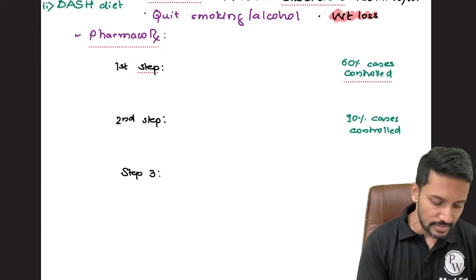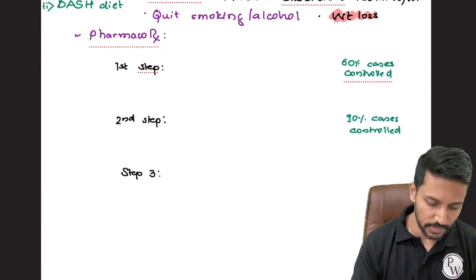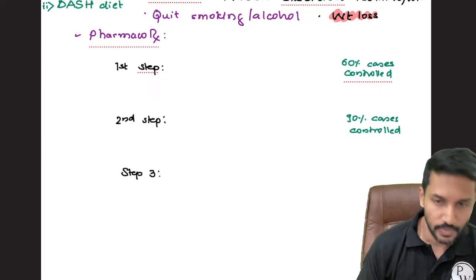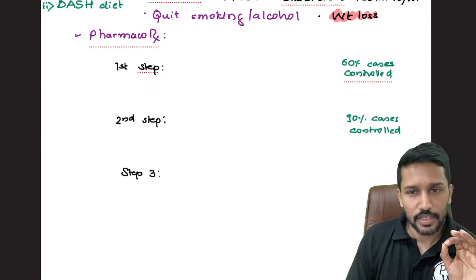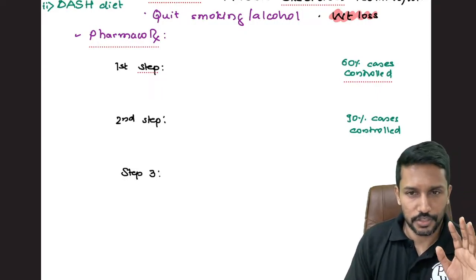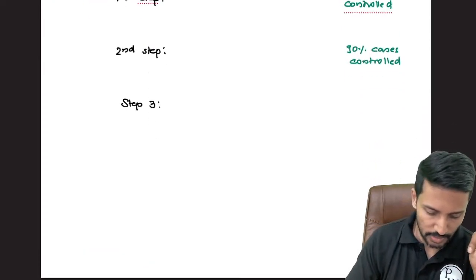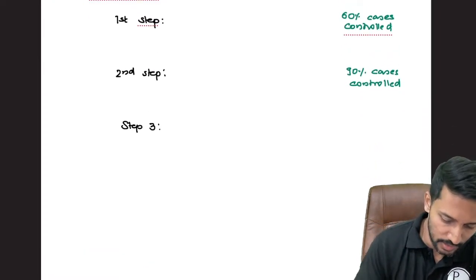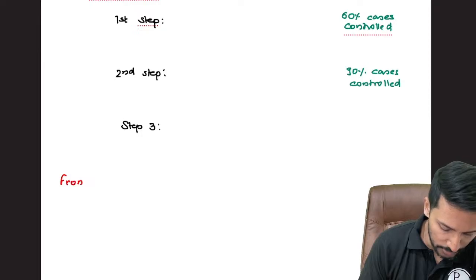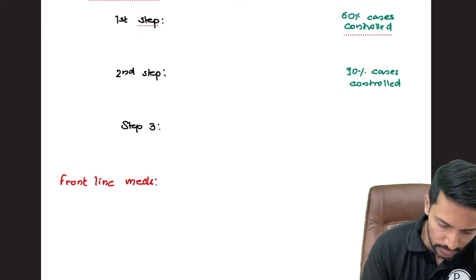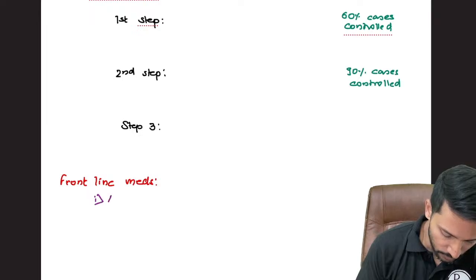Now, according to ESH guidelines, what is the first line treatment? First line treatment is a combination. See, there are some categories of medication which are considered as first line agents. What are those? ACE inhibitors, ARBs. Okay, let me tell you what is considered as frontline medications. Primarily a pharma question. There are 4 classes. The first one is ACE inhibitors.